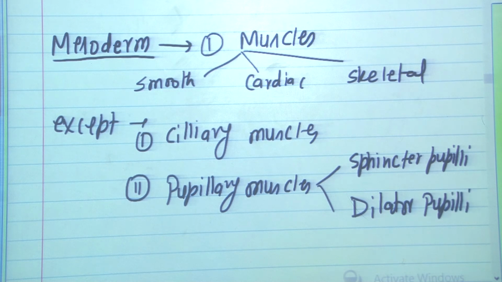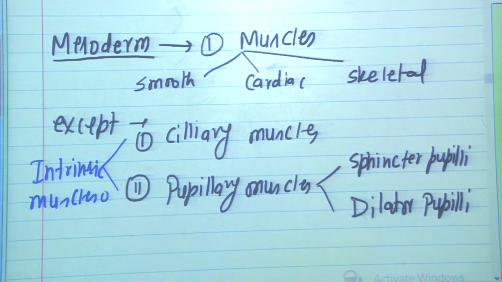Both are intrinsic muscles of the eye. So, all the muscles of the body are derivatives of mesoderm except these three muscles, ciliary muscle, sphincter pupillae and dilator pupillae.